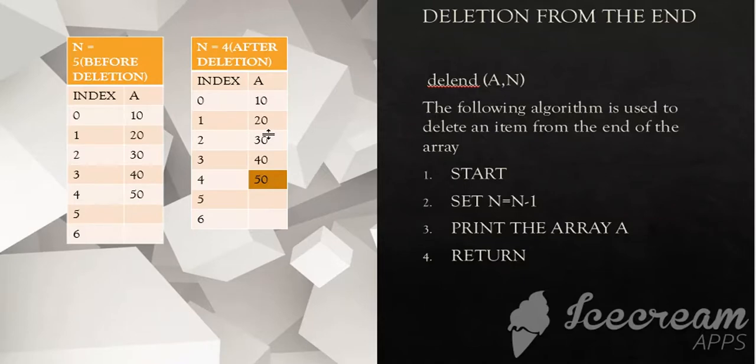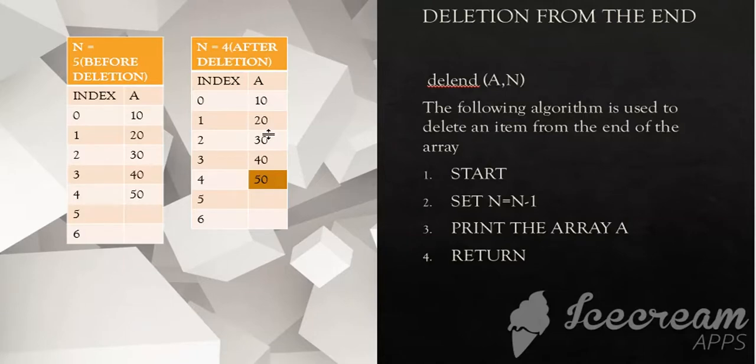So for removing the last element, we take the total number of elements, which was n till that time, and decrement it to n equal to n minus 1.